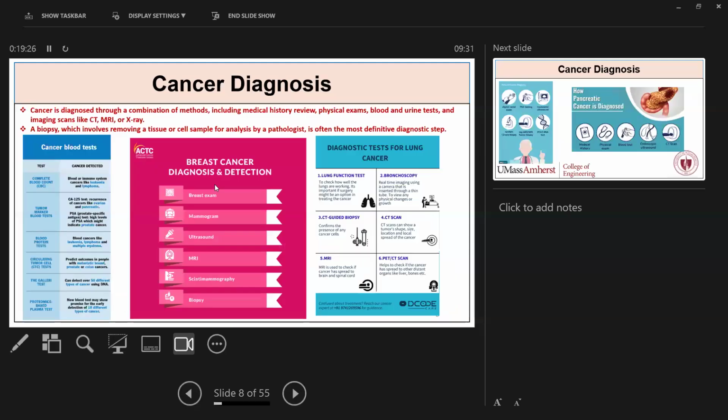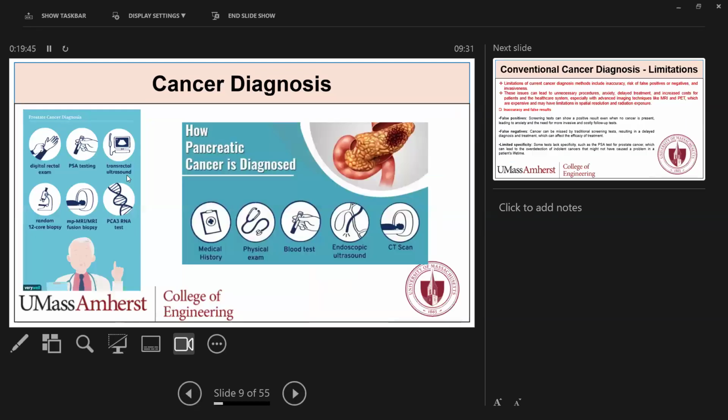So, can you imagine what kind of limitations these conventional methods can pose? Can you imagine what kind of limitations all these current conventional methods have?